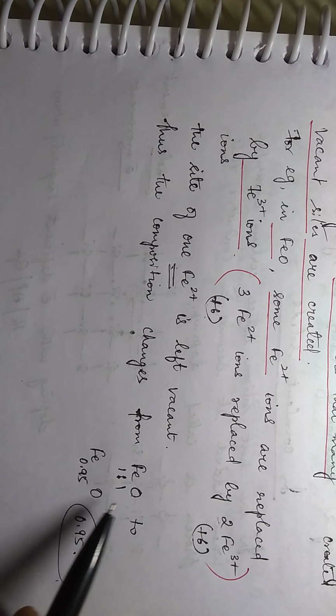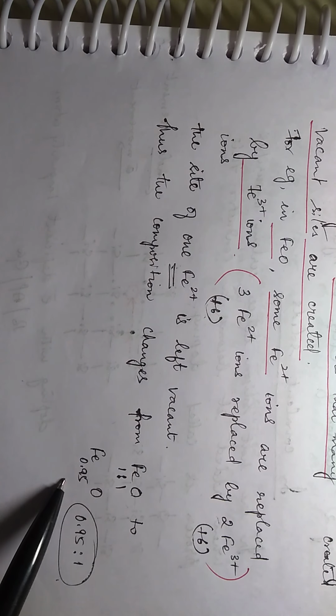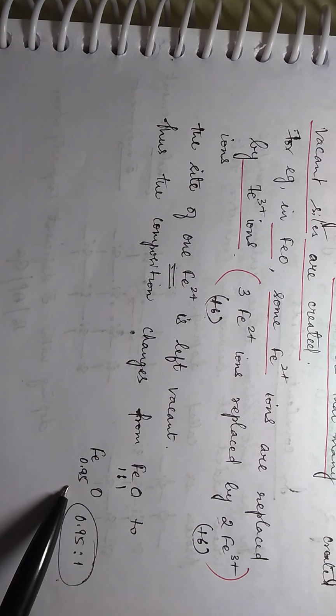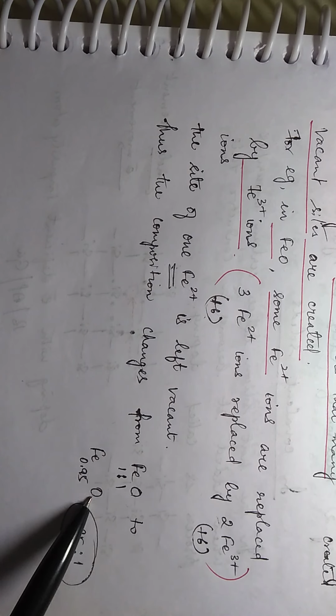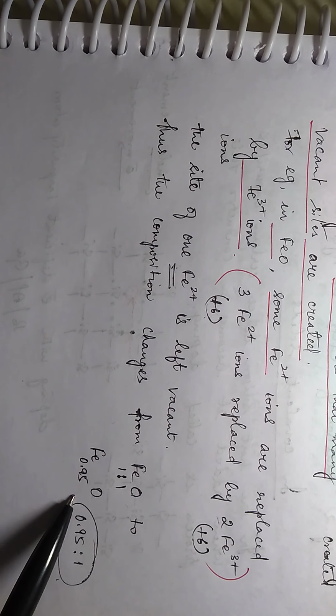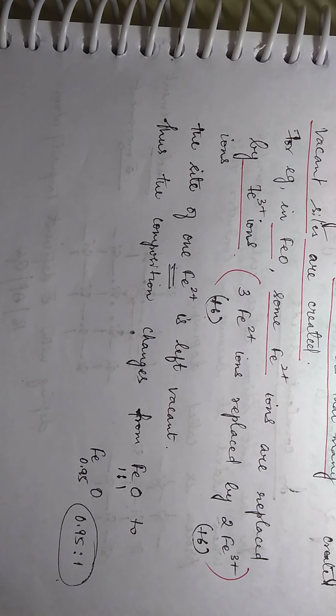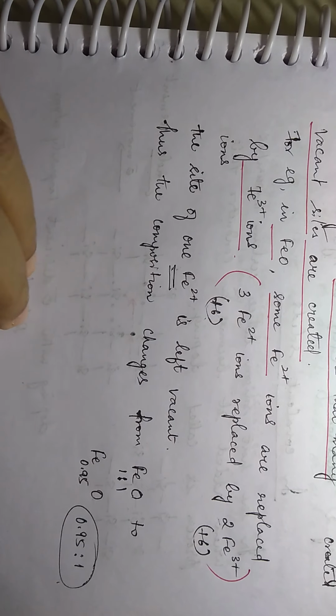So the chemical composition has been found to be Fe0.95 O1. Is that clear? It is not equal to 1:1. It is changed, because of a higher valence state replacing the lower oxidation state ions. Right?